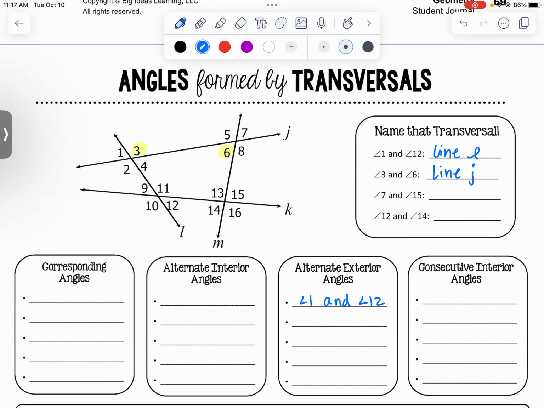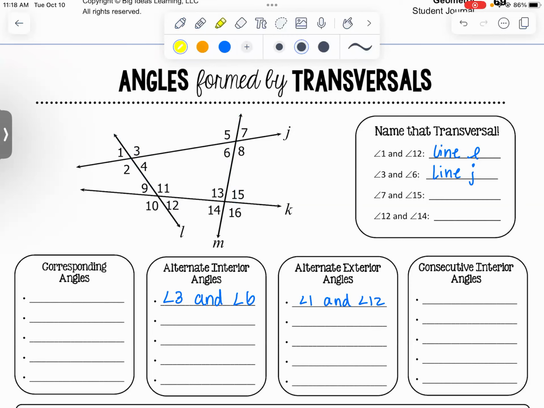Braden, what kind of angles are angle 3 and angle 6? They would be alternate interior because they are on the inside of these 2 lines, right?